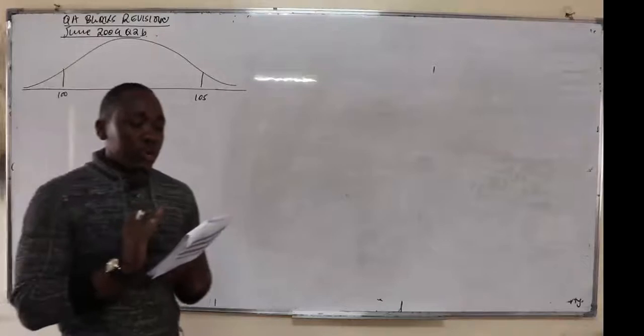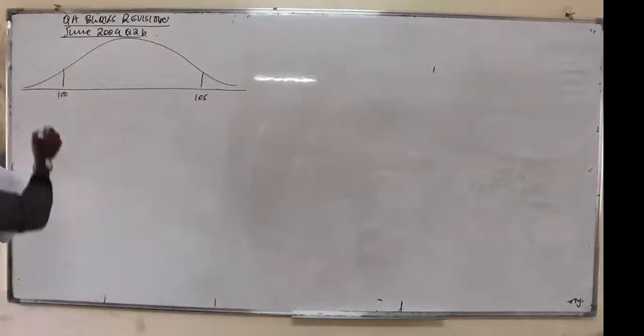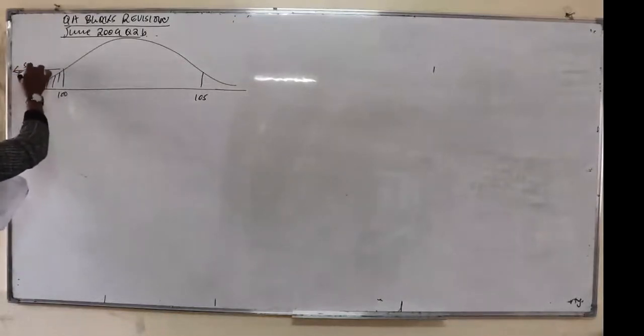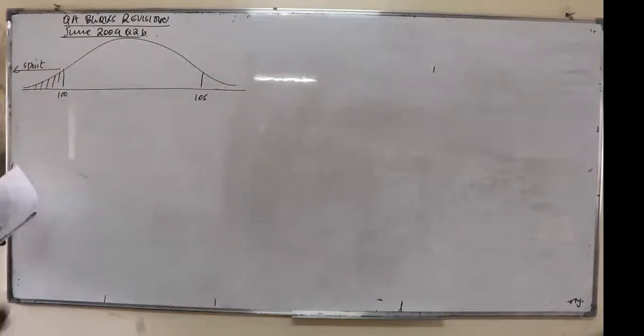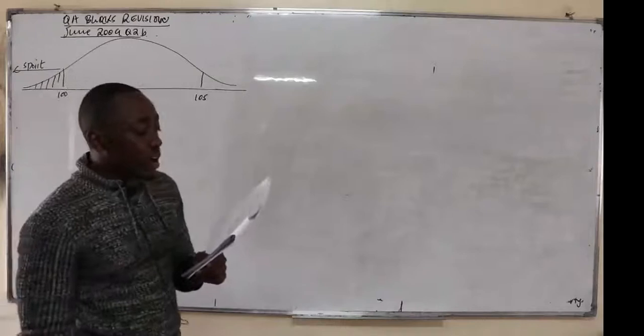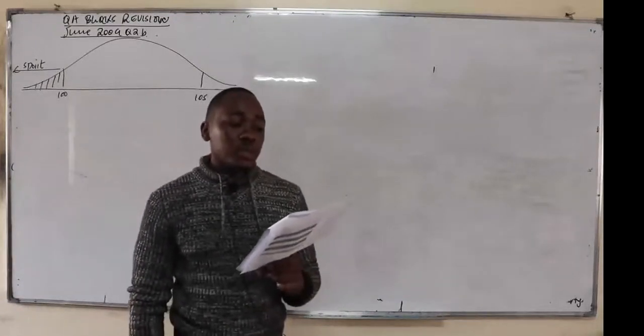Any bolts below 100 millimeters in length is regarded as spoiled. Anything below 100 will be regarded as spoiled. While those longer than 105 millimeters in length are cut to size.